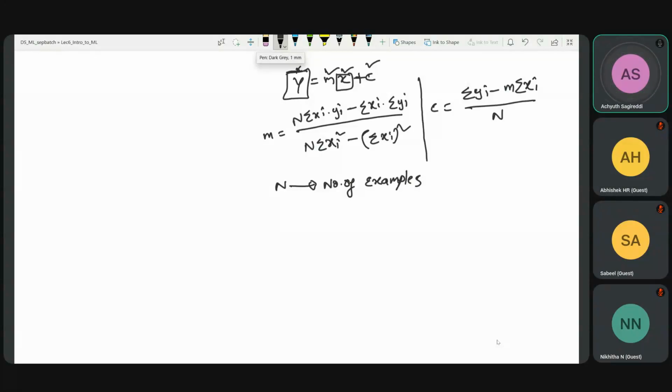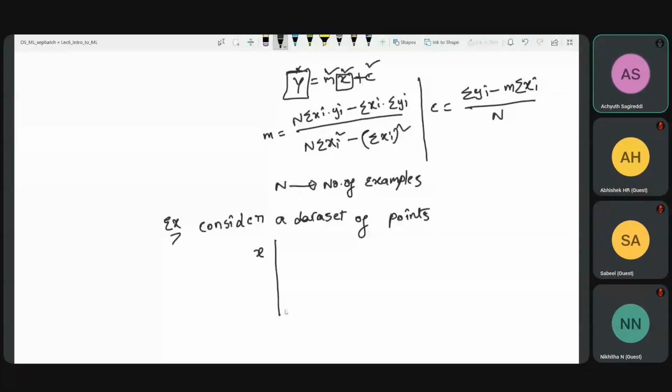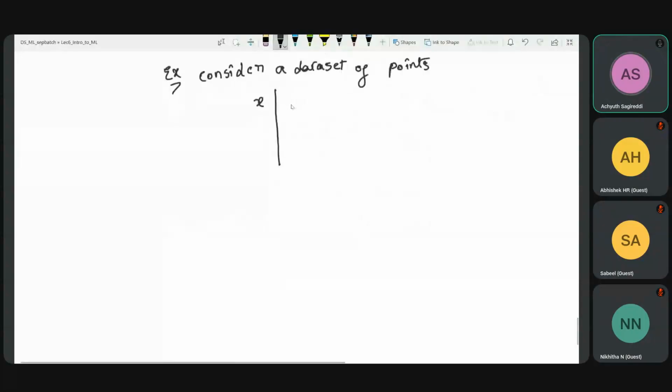Here let us solve an example. Consider a data set of points x, y.